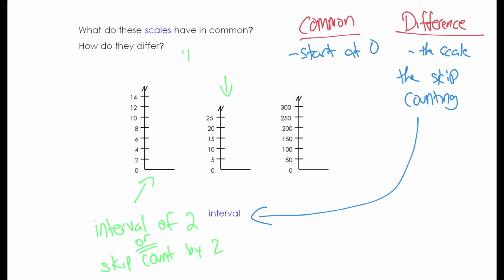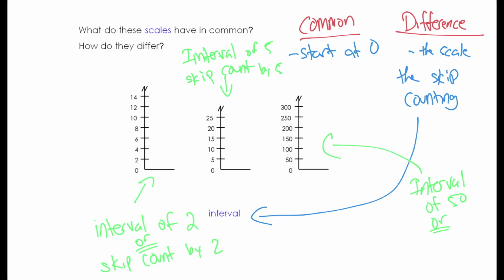This one here, interval of 5, skip count by 5. And this one over here, we're going to cross some arrows here. Interval of 50 or skip count by 50. Same thing, both are acceptable.